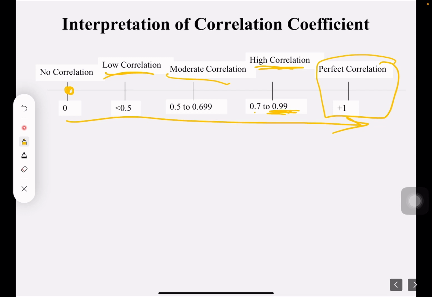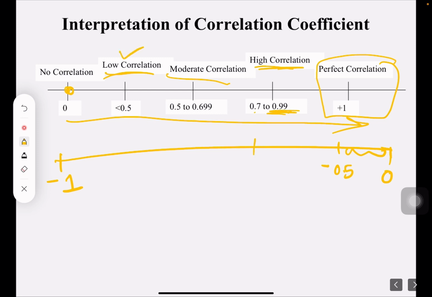Now if you understand this, the negative correlation you would understand, right? Which means if it is from 0 to -1, so what would be from 0 to -0.5? In between this, it would fall in low negative correlation, right?